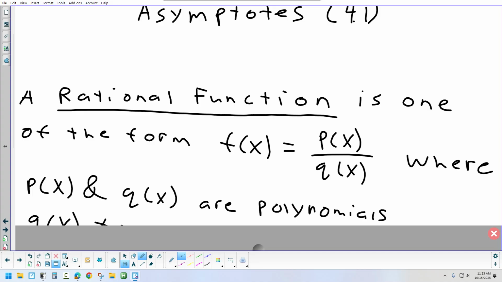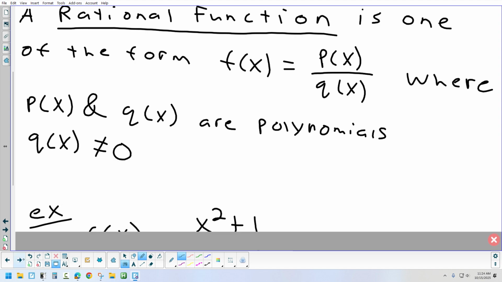Separately, the polynomials have domains of all reals, but when you put them together as a fraction, what do we have to make sure we don't do? Yeah? Or well, x can be 0, it is possible. The whole thing can't become 0. Right, the denominator can't be 0. Whatever value of x would cause that to happen. Okay, we don't want the denominator to ever be 0.